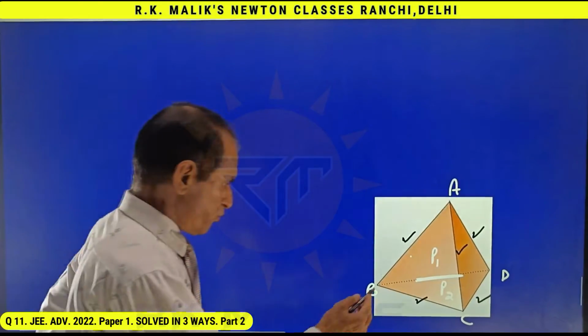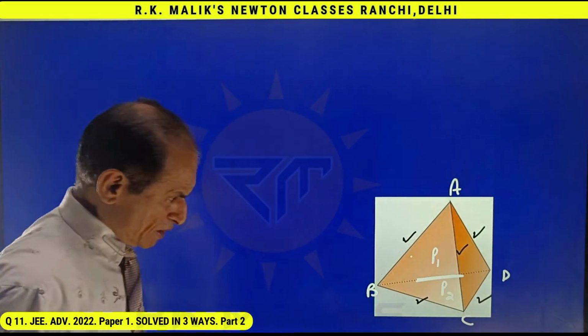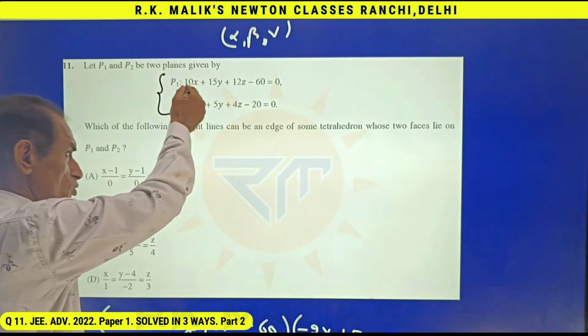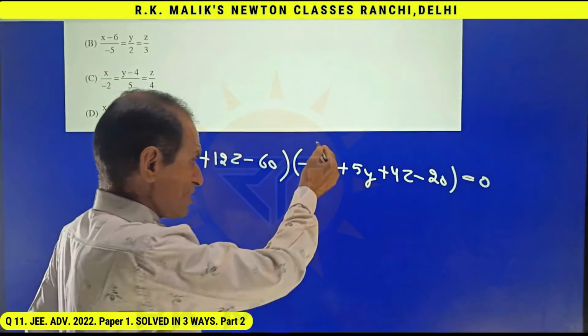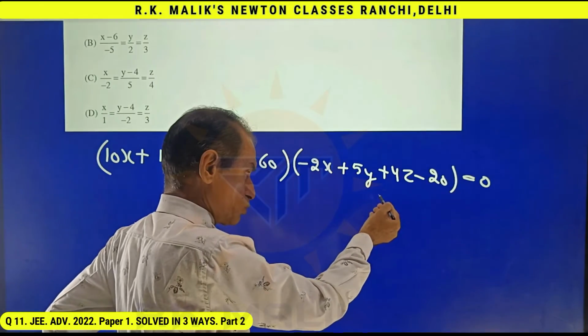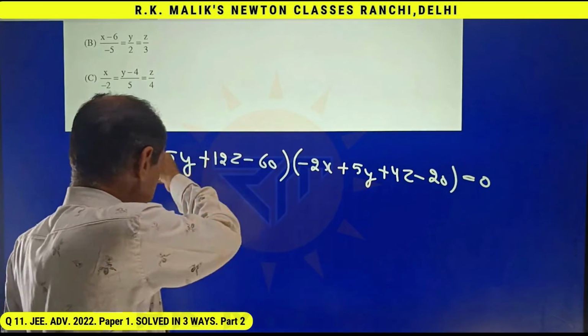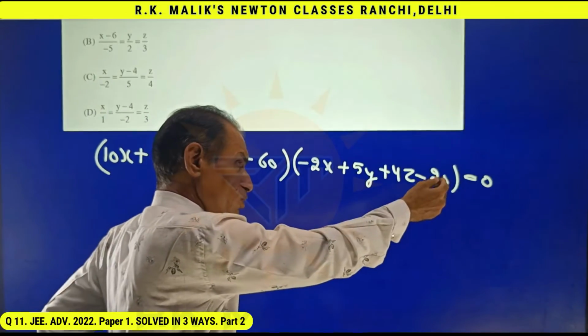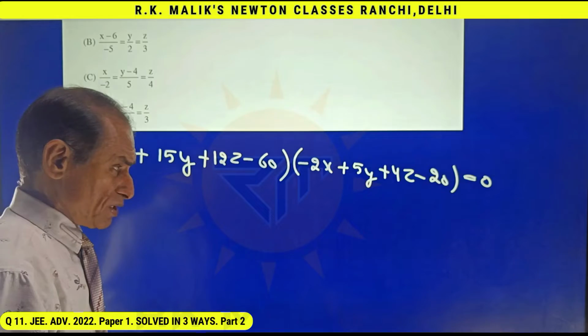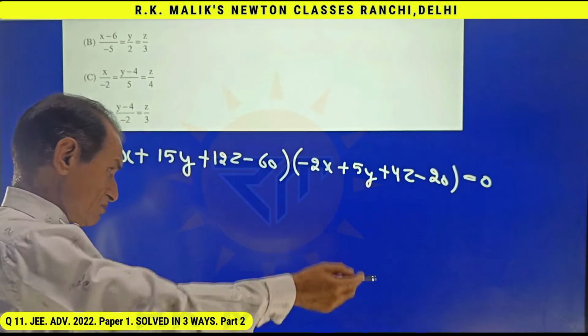Similarly, for any point on the plane P2, this part will be 0. And for that point, because this part is 0, 0 into anything is 0, therefore every point of the plane P2 will satisfy this equation.